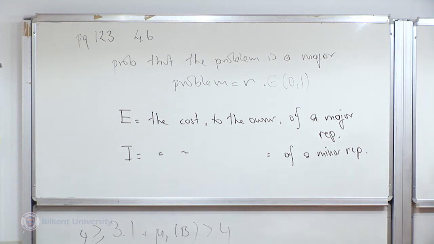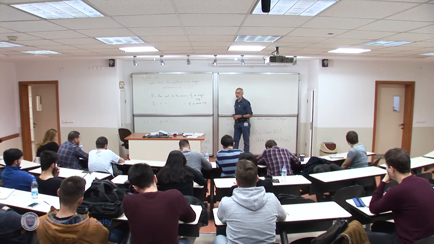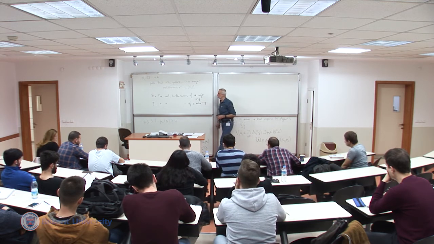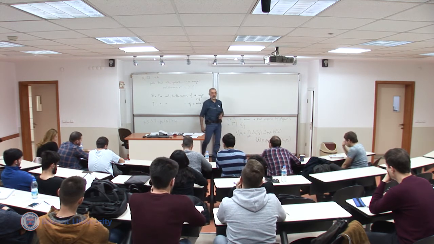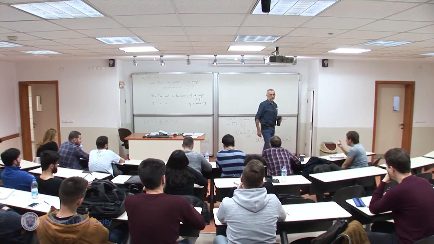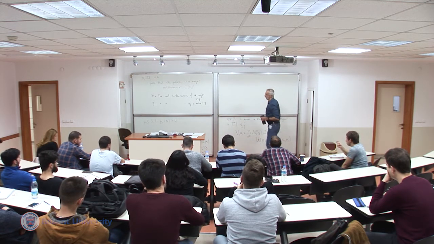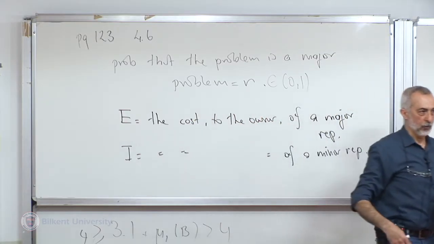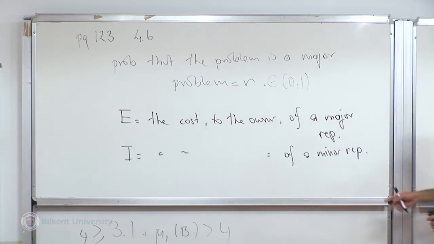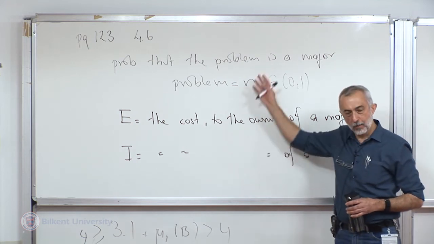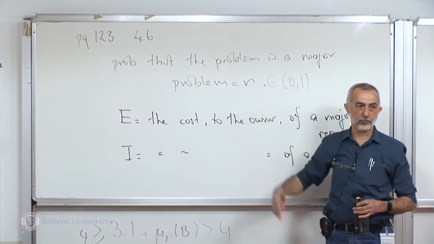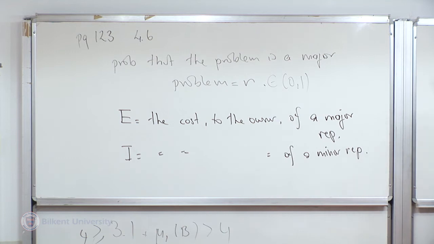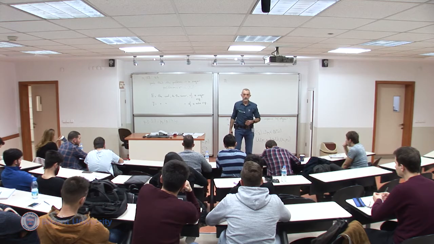Okay? So, well, if he says the problem is a major problem and charges you, and you accept the offer, and actually the problem was in reality a major problem, then the profit of the expert is pi.